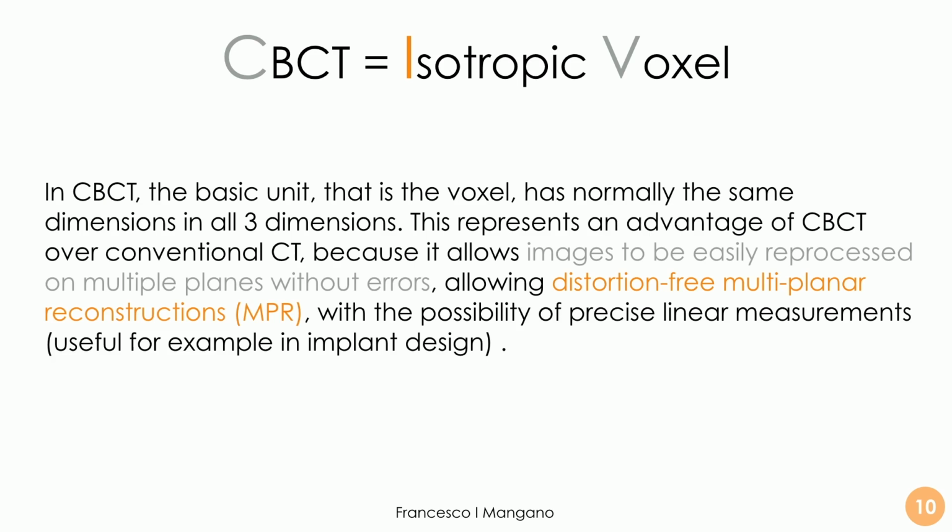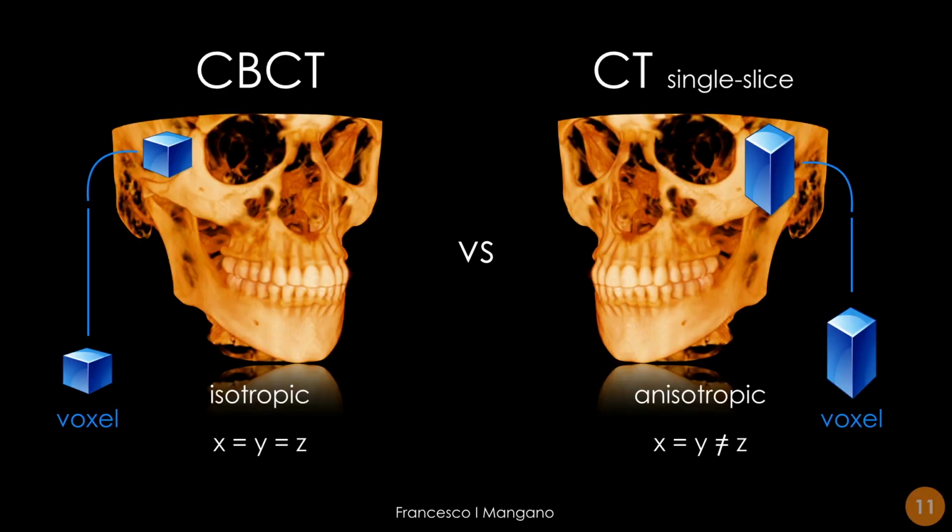This is an advantage over conventional CTs because it allows the software to reprocess the images quite easily and represent them with different multi-planar reconstructions. These multi-planar reconstructions are virtually distortion-free, so we can make measurements, for example, in the different multi-planar reconstructions without losing quality.